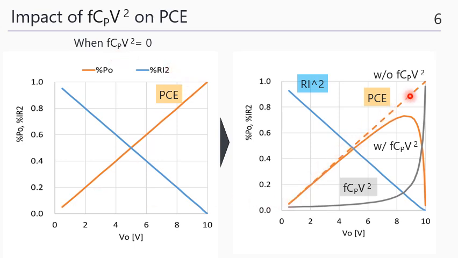So with this curve plus the FCV square, this portion is significantly affected by the CV square term like this.